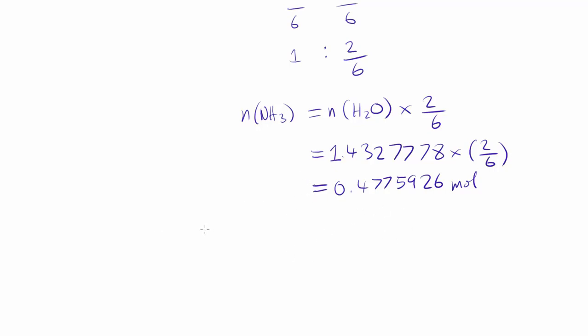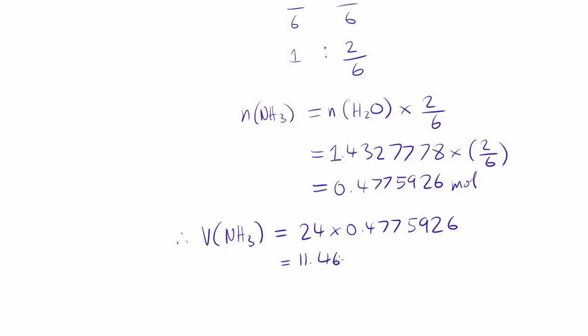So if we set this up, the volume of NH3 is equal to 24 multiplied by the number of moles of the NH3, which is 0.4775926, which is effectively 11.462224, and that's going to be in decimeters cubed, right?